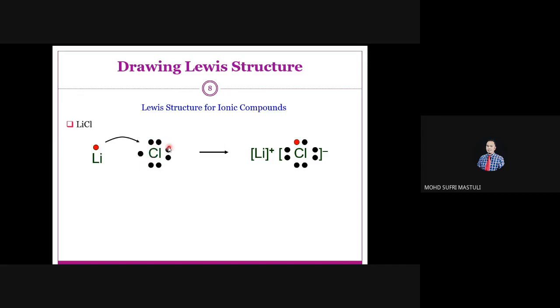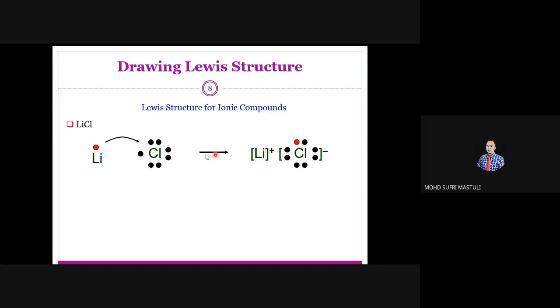Chlorine is from group 7. It has 7 valence electrons. So because of its 7, when it receives one valence electron from the lithium, it becomes 8. So you can see the valence electron transfers from the lithium to the chlorine.